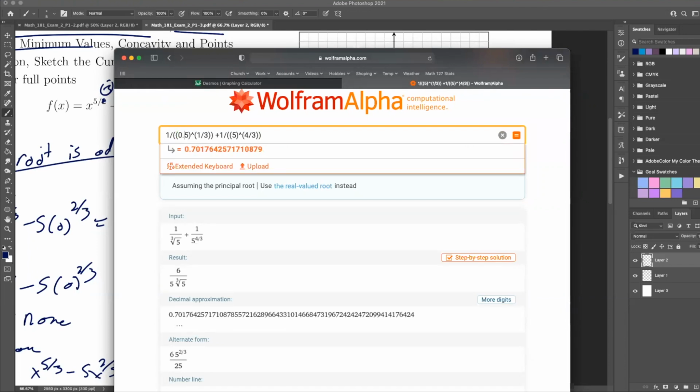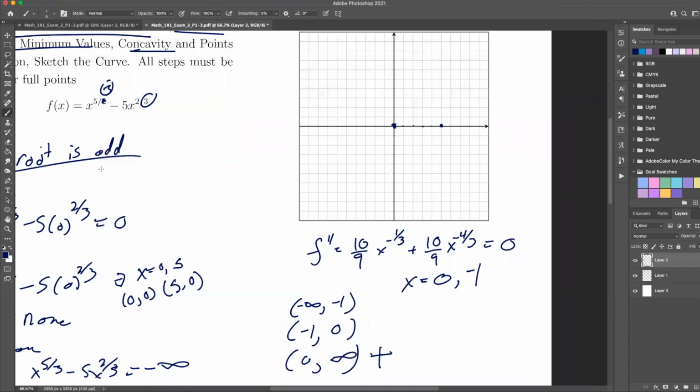I promise you, you don't have it this bad. I give you whole numbers. Hold on. This is positive. Ah, here we go. So this is positive, this is positive. If you force it to be less than this, so this is always concave up. So all of this is concave up.